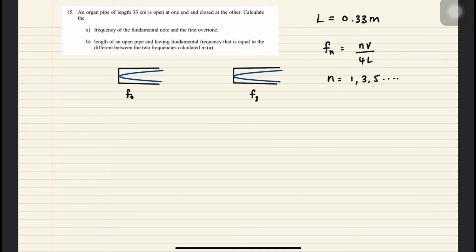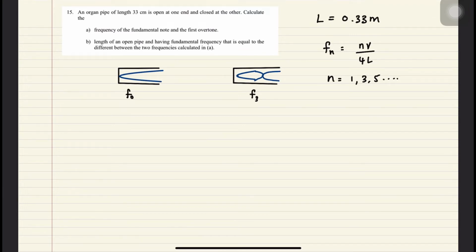So the drawing is a bit misleading here. I'm going to change it to the more appropriate one. Okay, it should look something like this.